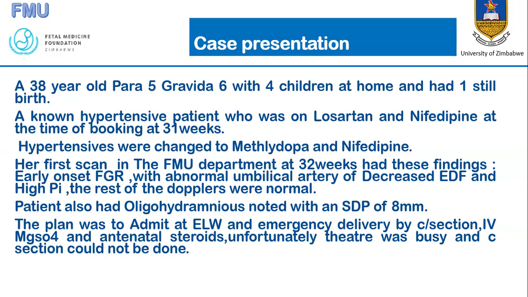And the plan was to admit her to the early labor ward unit at Mugabe, and emergency delivery by cesarean section was ordered. The patient was also ordered to be given antenatal steroids and IV magnesium sulfate.